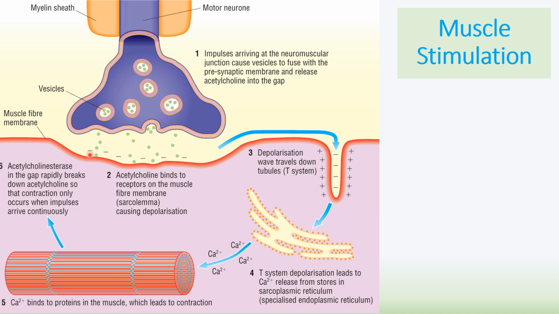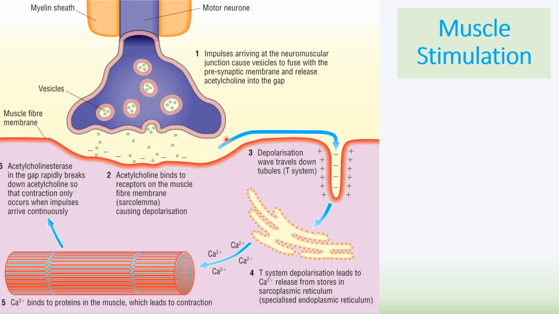The sarcolemma has receptors on it, just like a regular postsynaptic membrane, and the acetylcholine will bind to those receptors. That then causes depolarization, just as before, so sodium channels open, sodium rushes in, and that causes a wave of depolarization to travel along the membrane.